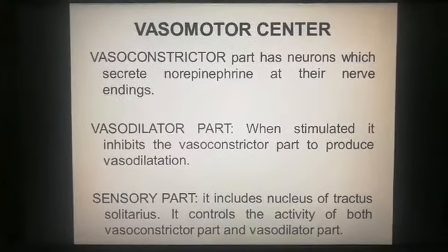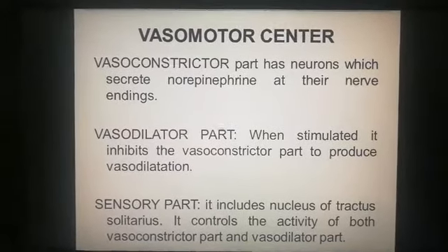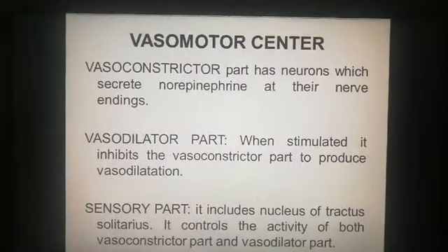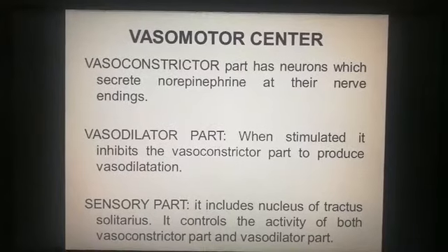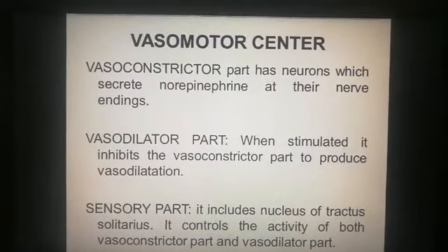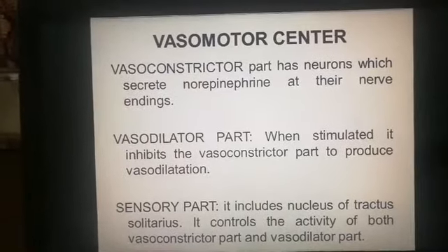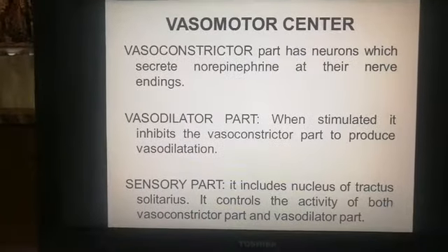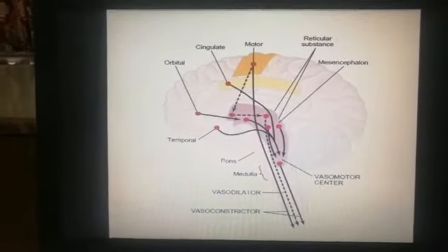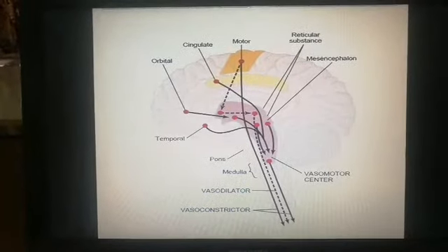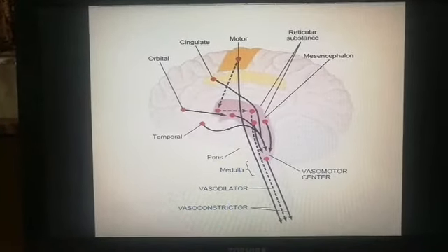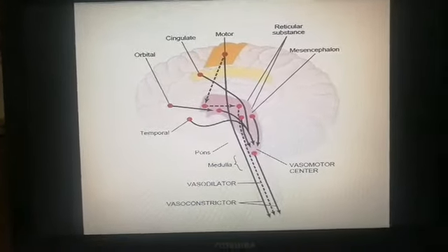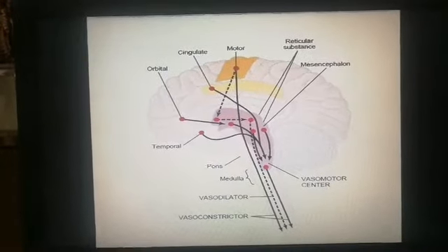So the vasodilation will occur. Firstly vasoconstriction occurs, and at the end, in the effector area, vasodilation will occur. If in the sensory area vasodilation is present, then in the effector area vasoconstriction will occur. So it is vice versa. You can see here the vasomotor center, pons and medulla. In the center, the dotted line shows vasodilator fibers, and the regular lines are the vasoconstrictor fibers.